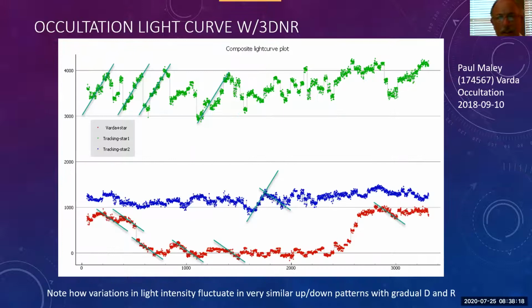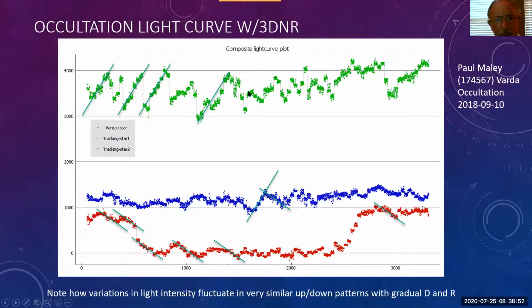And here is an occultation light curve with 3 DNR. This was taken by Paul Maley for the Varda occultation, which was a Lucky Star event, 2018 9/10. You'll notice that there are lots of gradual ups and downs in the light curve. These are secondary stars.